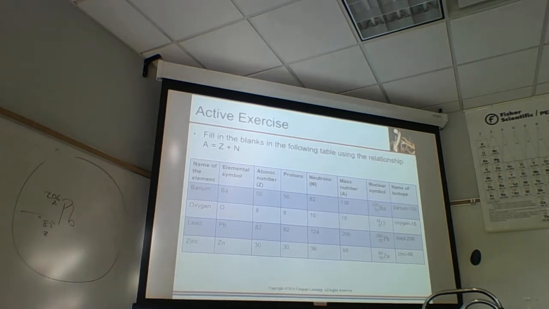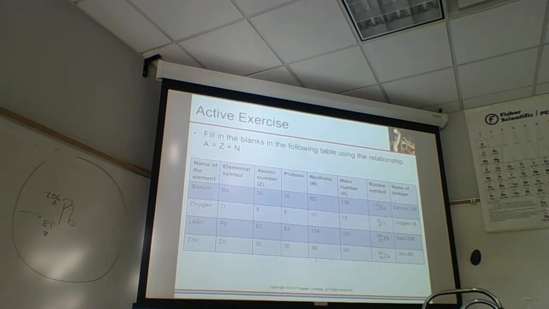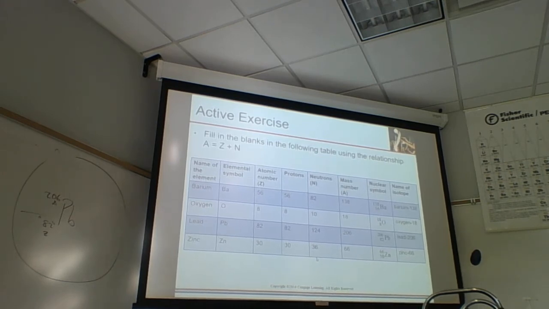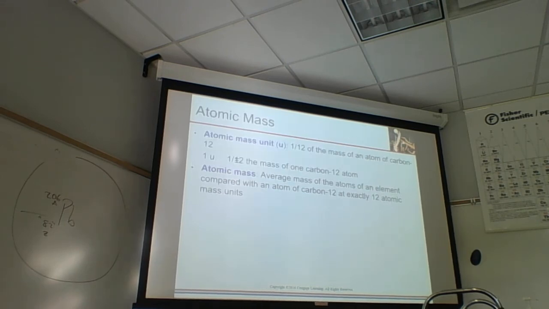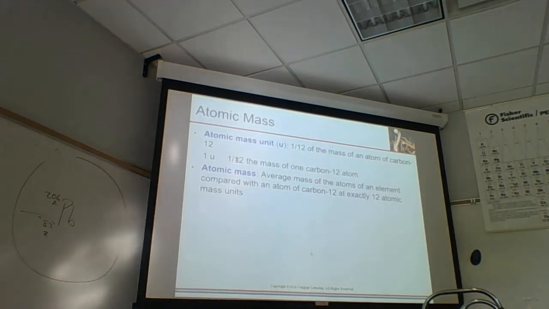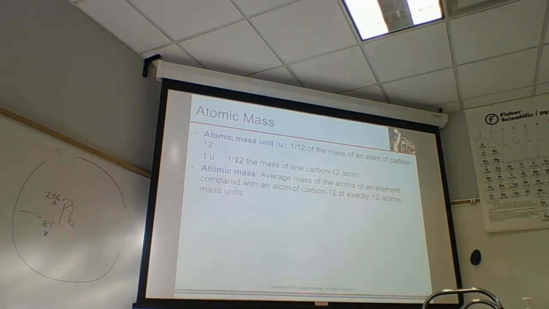We did the symbol. So this will be the way we represent the composition of the atom. Now, when we're dealing with atoms, we deal with it from two perspectives: at the particulate level versus at the macroscopic level.